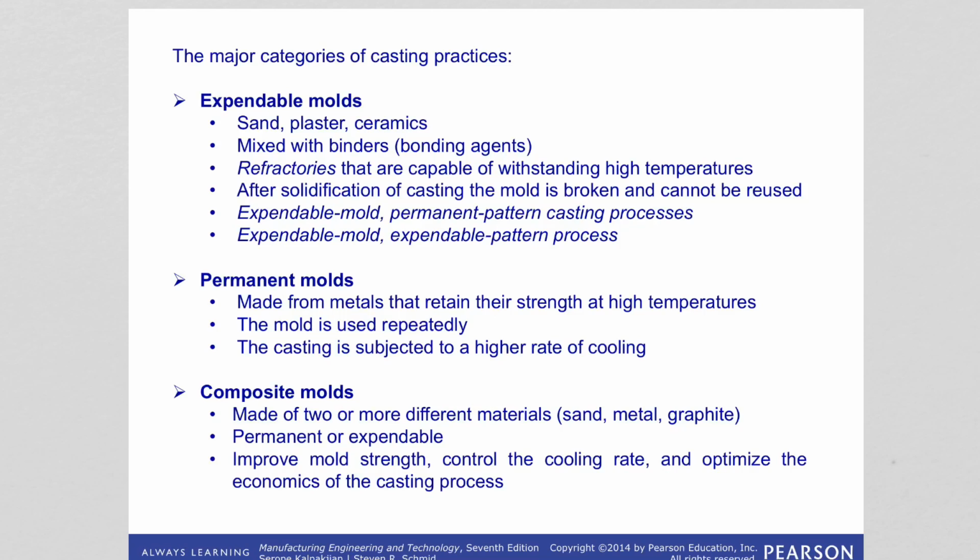We can control it. We can improve the mold strength. These molds can be permanent or expandable, but they are made from two or more materials so that we can control the casting process.